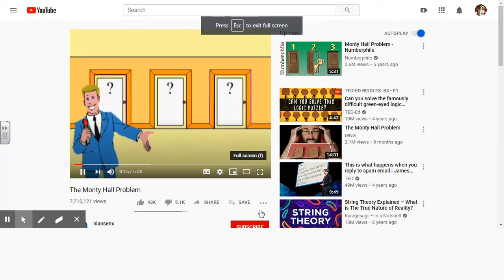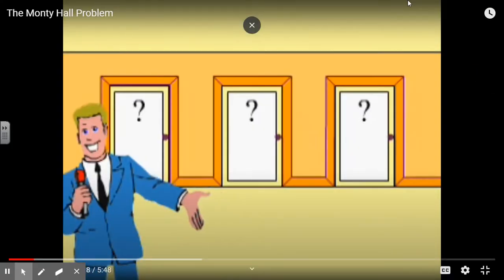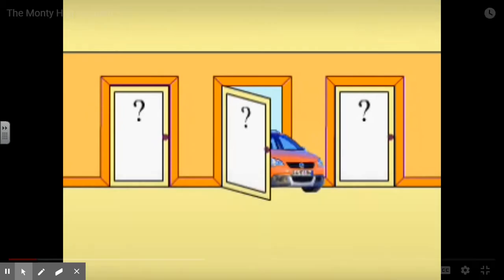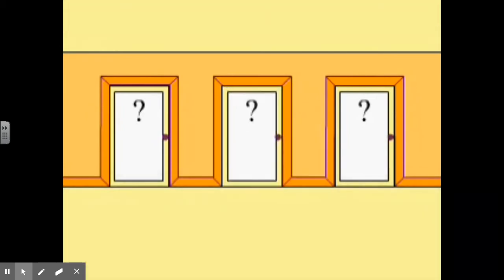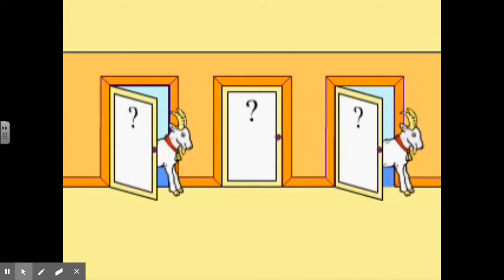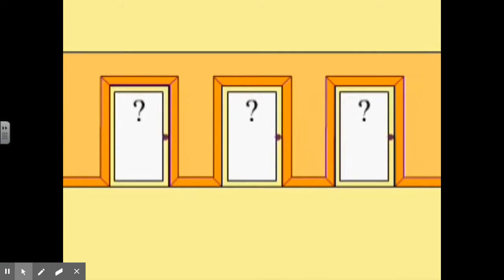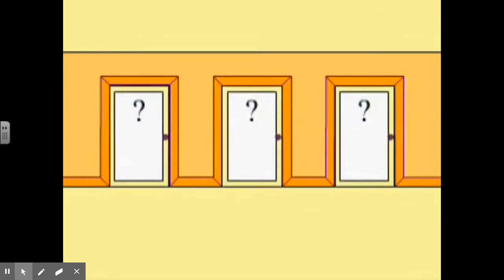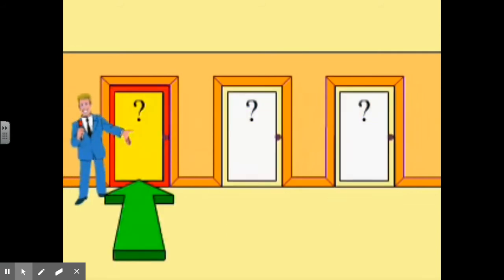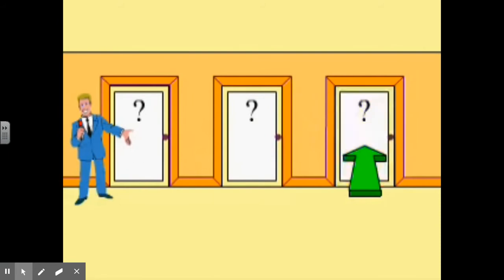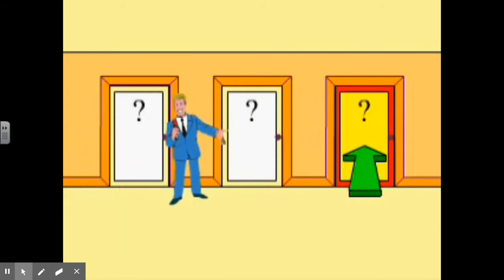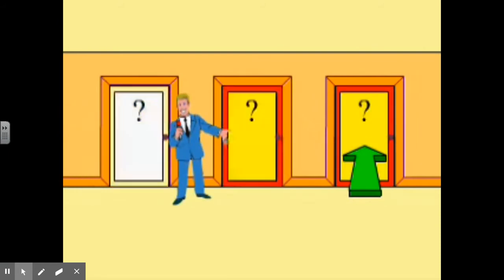Behind one of the doors is the star prize, a car. Behind the other 2 doors are booby prizes, 2 goats. You have no way of knowing which door conceals which items, and whichever door you pick, you'll receive the prize behind it. You are asked to pick a door. But before it is opened, the game show host opens one of the other 2 doors.